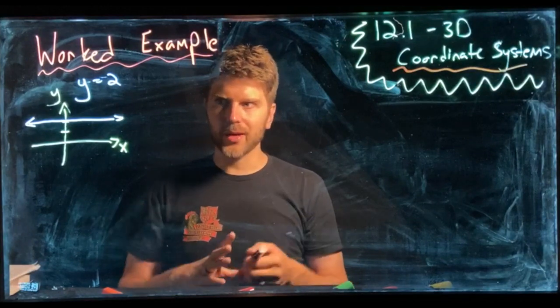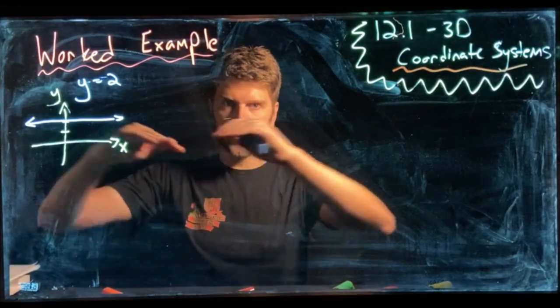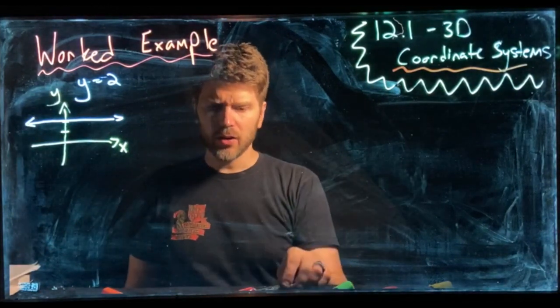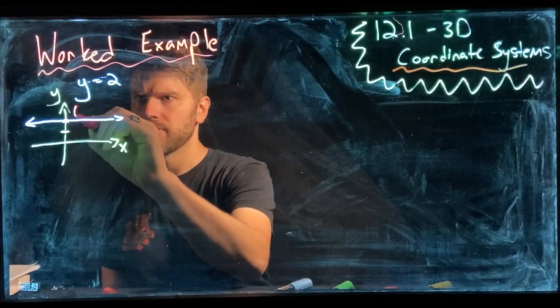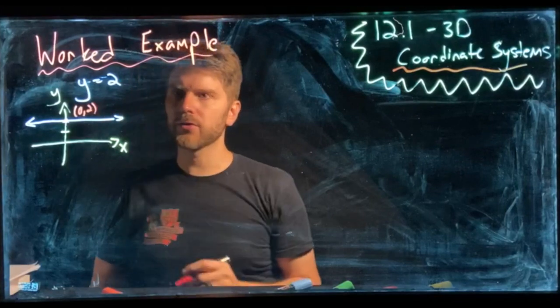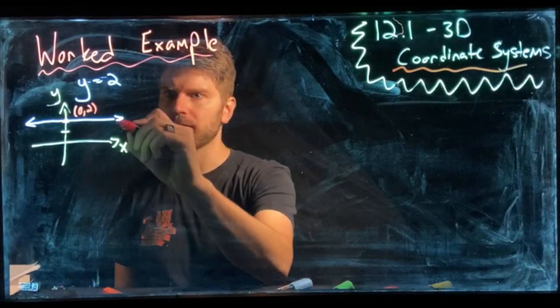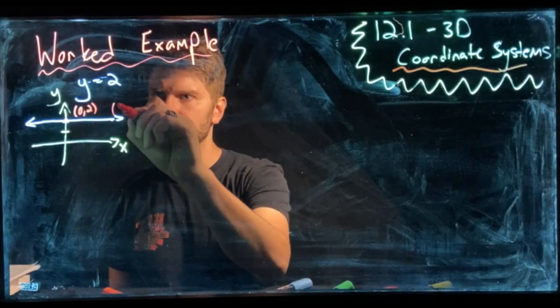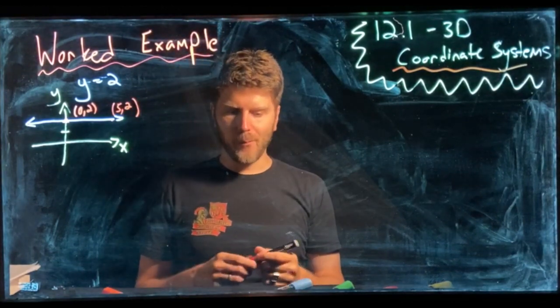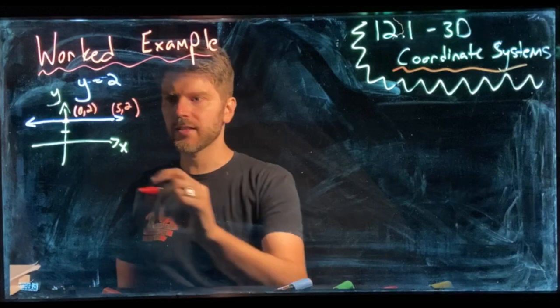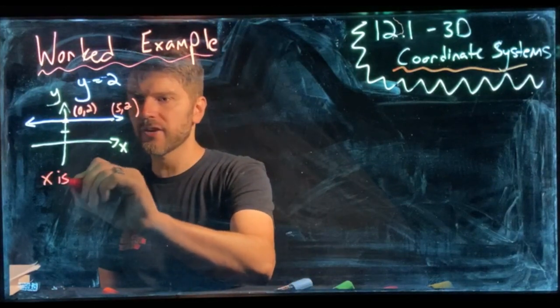Why is that the line y equals 2? Why is it all stretched out? Why is it a whole line? Y equals 2 is like, why can't I just pick this point, 0, 2? Hey, y equals 2 right there. Or this point, 5, 2 for say. Why is it the whole line? Well, one way that I like to think of this is that x is free.